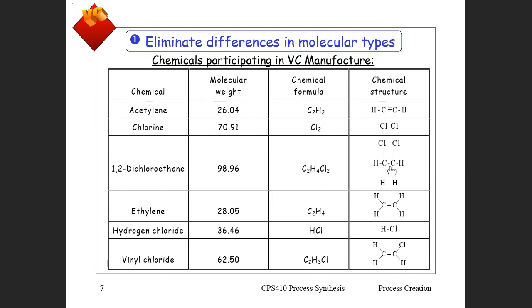Dichloroethane has got the single bond, and therefore it's got 3 molecules attached to it, the 2 hydrogens and a chlorine. Here we've got 2 molecules attached. There's carbon, and only one of them is chlorine. Okay, so let's go on to the next slide.